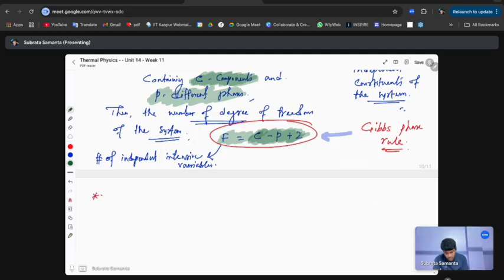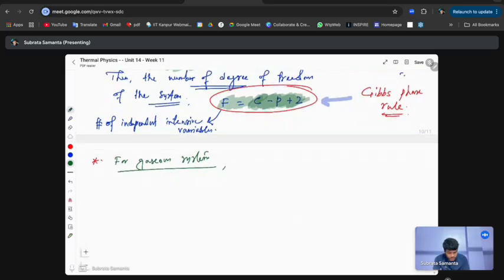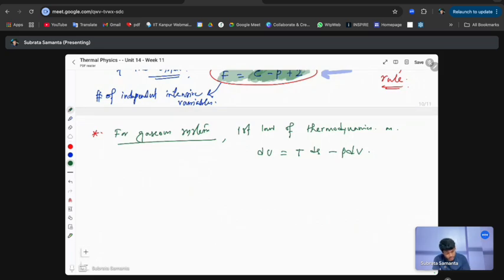For gaseous systems, the first law of thermodynamics is dU equals TdS minus pdV, which is basically dQ, inexact, plus dW.